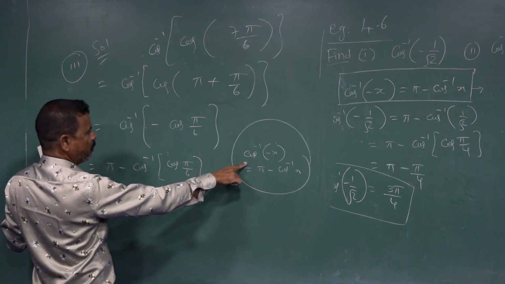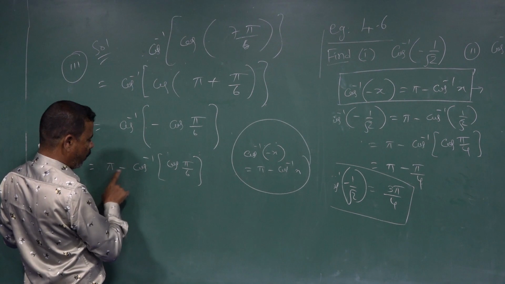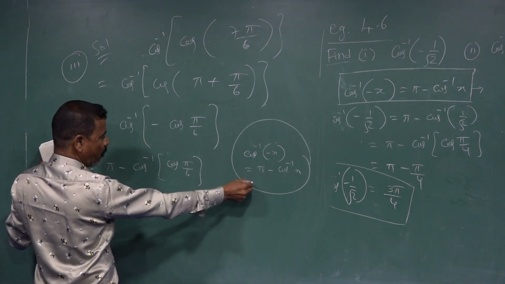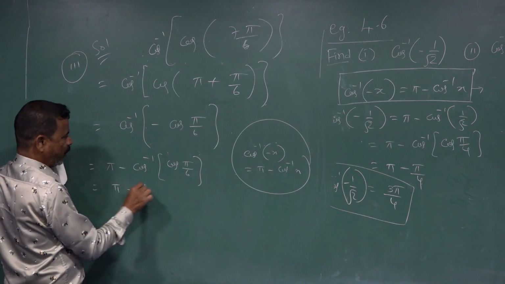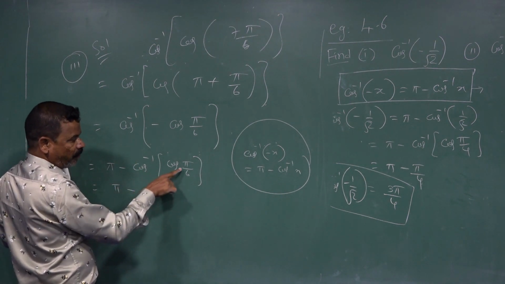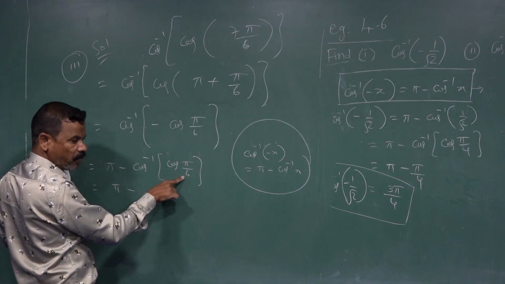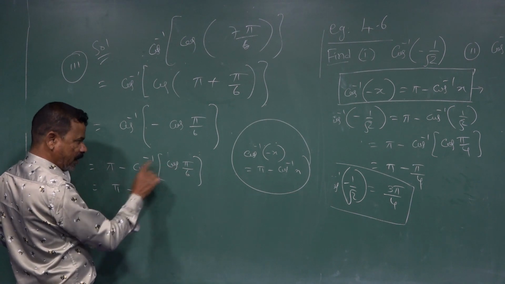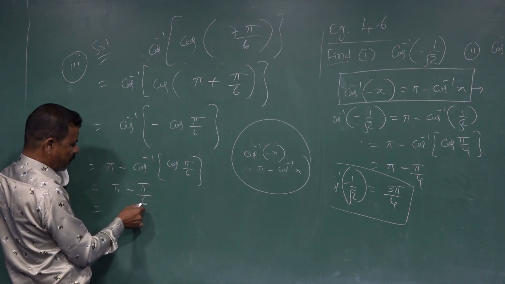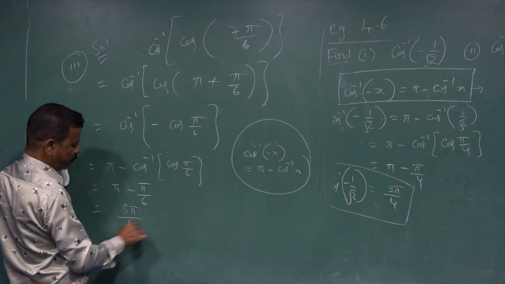We compare this: minus x is minus cos π by 6. So here it is π minus cos inverse cos π by 6 according to this formula. Now cos inverse of cos π by 6 cancelled. Why? π by 6 is 30 degrees, this value belongs to 0 to π, that's why it is cancelled, leaving π by 6. So finally, after LCM 6, π minus π by 6 gives 5π by 6, this value.